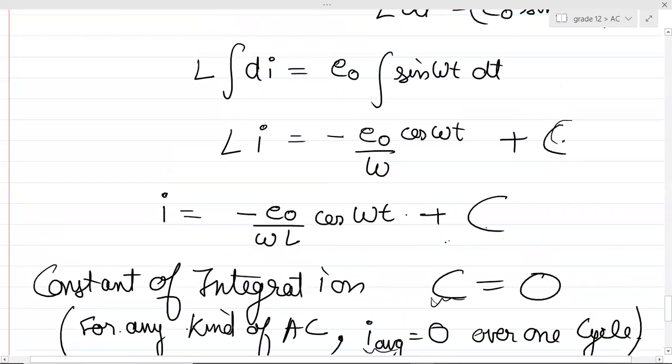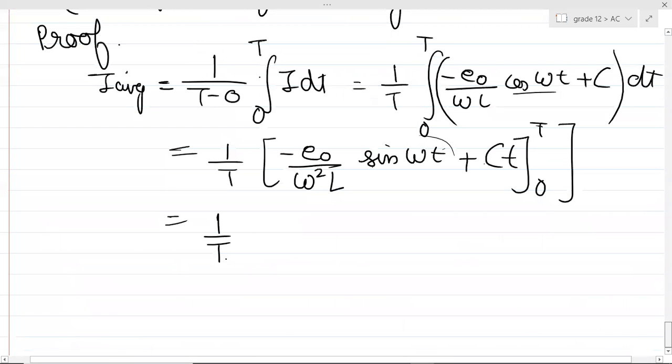I am integrating this function which we have obtained in equation number 1. I am integrating this function over a whole cycle, right?